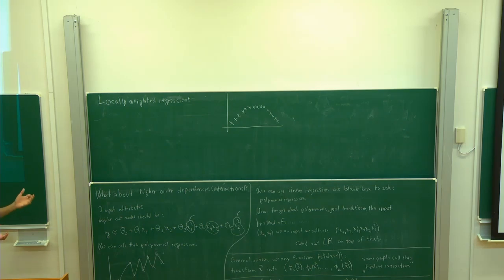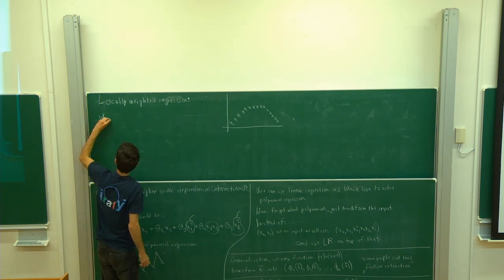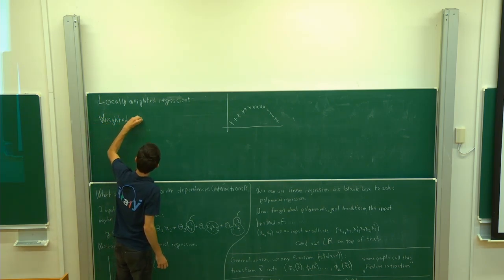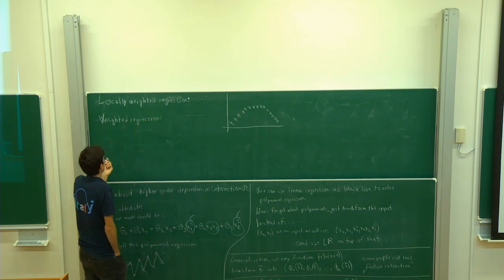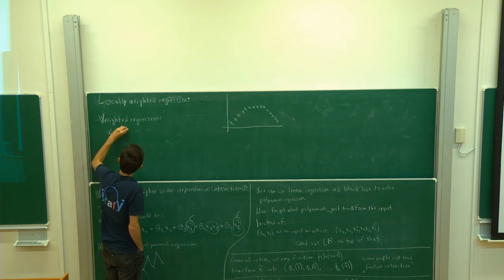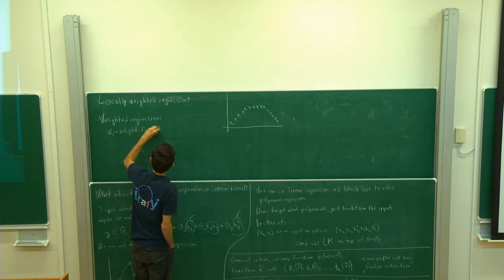The weighted regression is just a normal linear regression where each sample has a different weight. So weighted regression means that there is a weight for each sample.